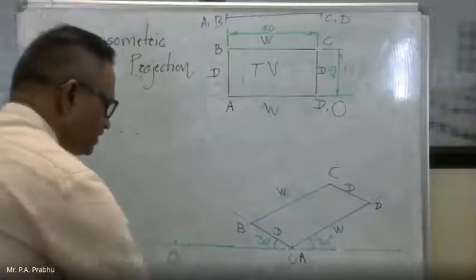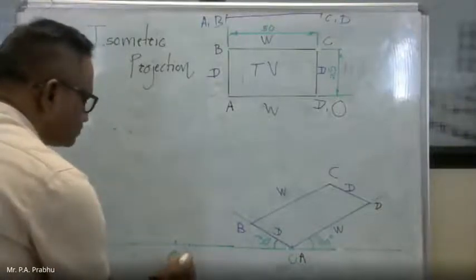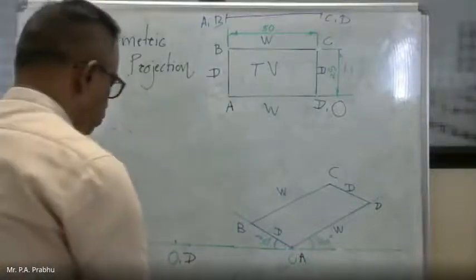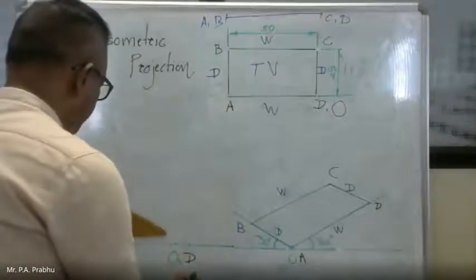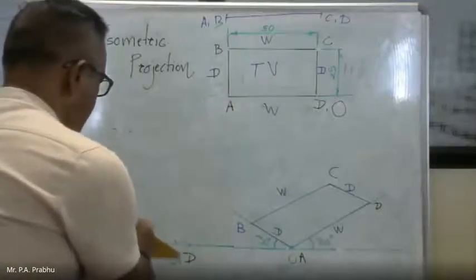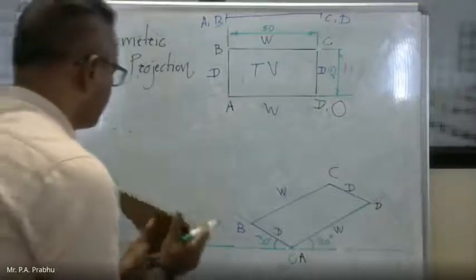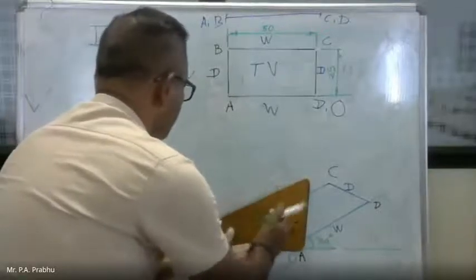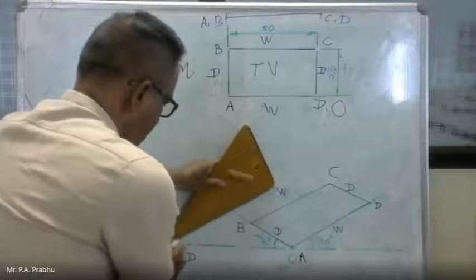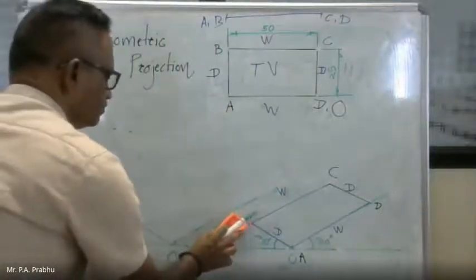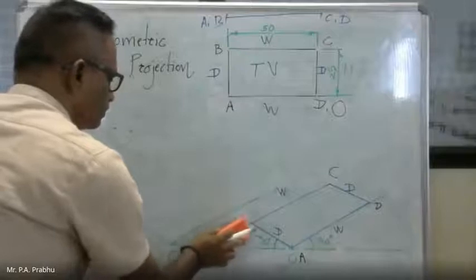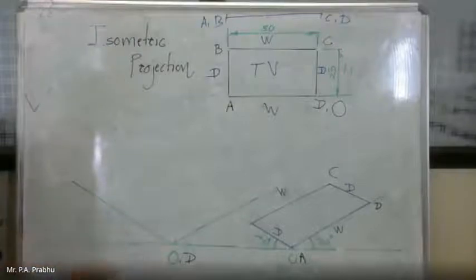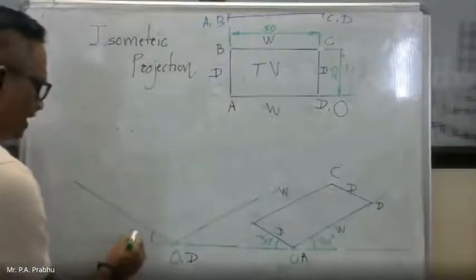Now this point is D. Now through point O, draw lines inclined at 30 degrees.